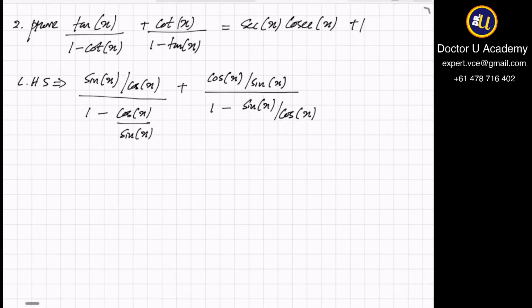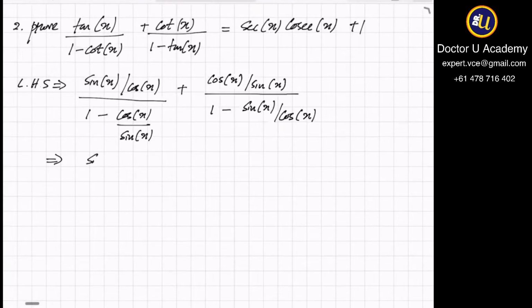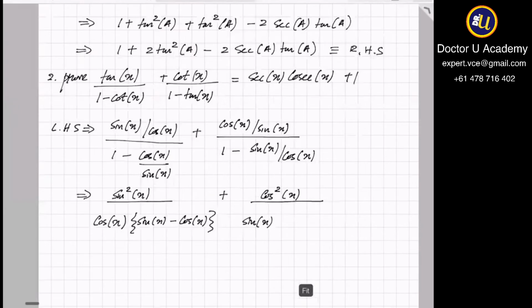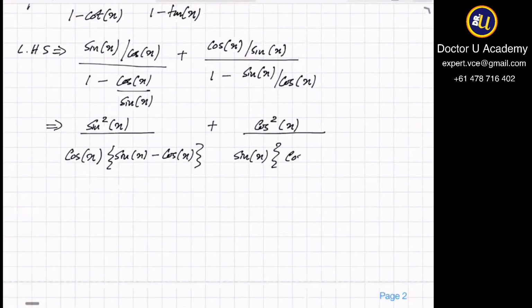So now you take the common denominator, so then it would be sine squared x, cos x you can bring down, then you get sine x minus cos x here, plus you get cos squared x here, down, you get sine x, you get cos x minus sine x.